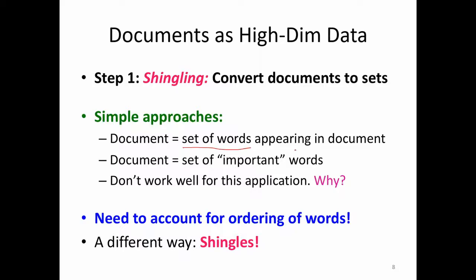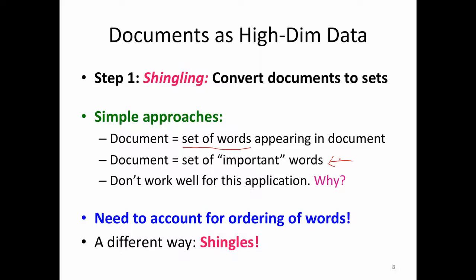Sometimes you can also use a set of important words. You can have a set of what are called stop words, which are not so important words like is, as, the, etc., and you can focus only on the important words, and then define the document as the set of important words.